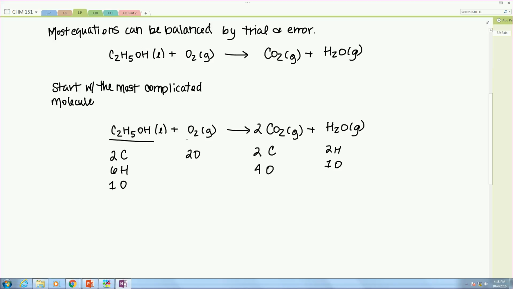So now we need to look at this. So we have 6 hydrogens on this side. So if we put a 3 in front of H2O, then that will give us 6 hydrogens. So now we have 6 hydrogens and 3 oxygens total, plus our 4 oxygens is 7. So that's 7 oxygens total.